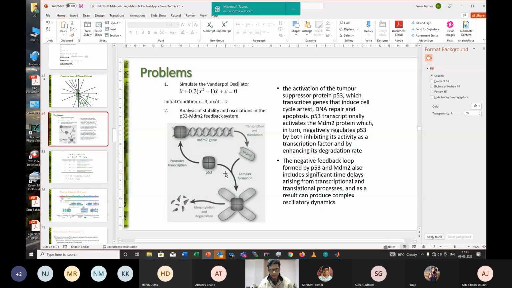There is also a path that shows how this protein will help in ubiquitination and degradation of proteins. So there is a stability analysis done for this. Now, question number 1, which I gave, is of course the van der Waals oscillator, and question number 2 is based on this.